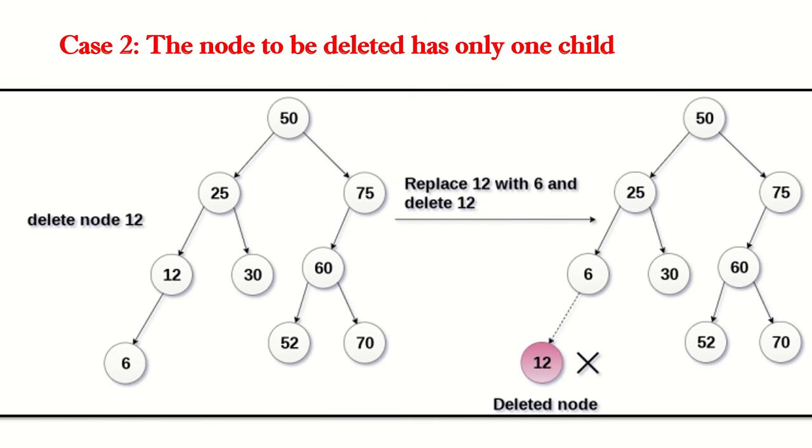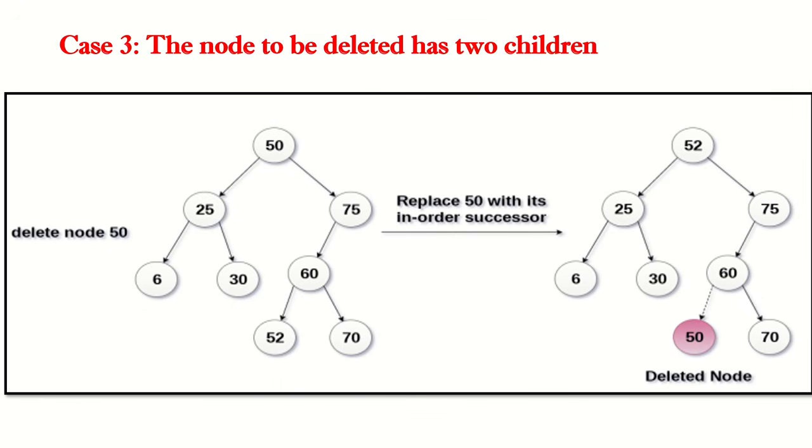So before we delete the node 12, we swap or replace the parent value 12 with the child value, and then we delete the leaf node. In this case, we replace the 12 with 6 and then we delete the 12, so that the child will not get disconnected from the tree once the parent is deleted.